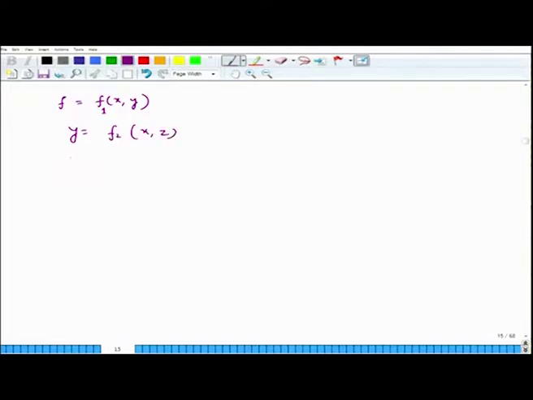In other words, f is a function f2(x, z), or some function f3(x, z).